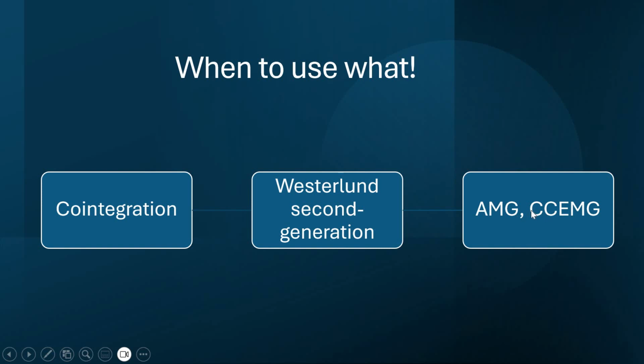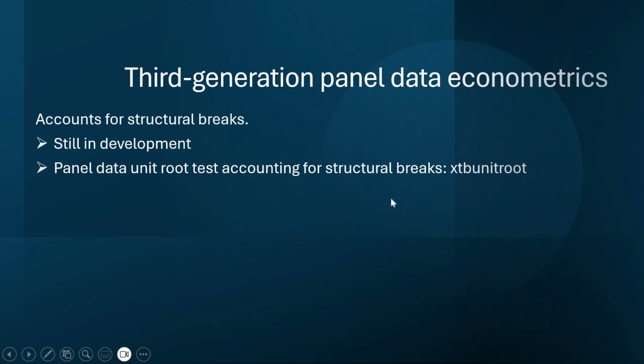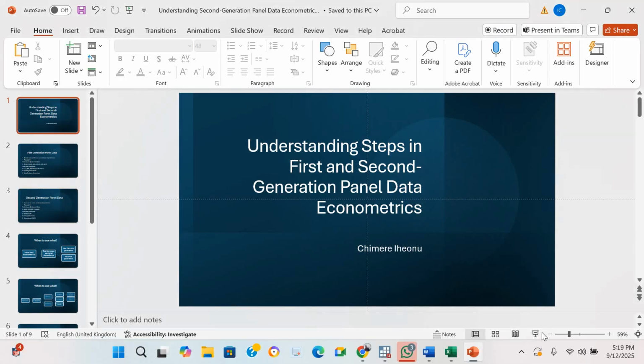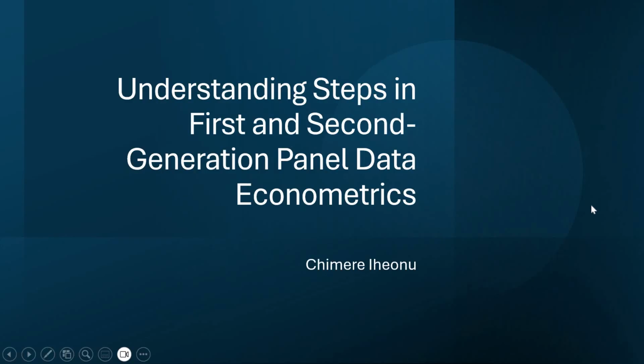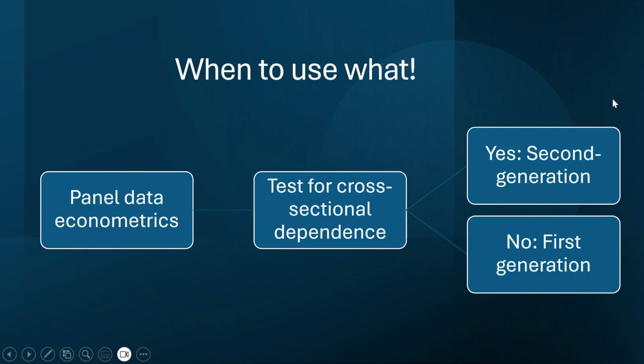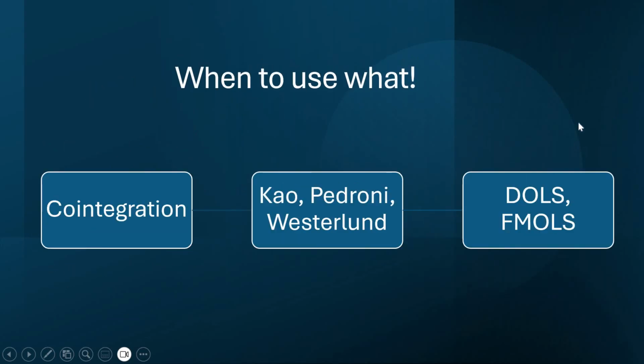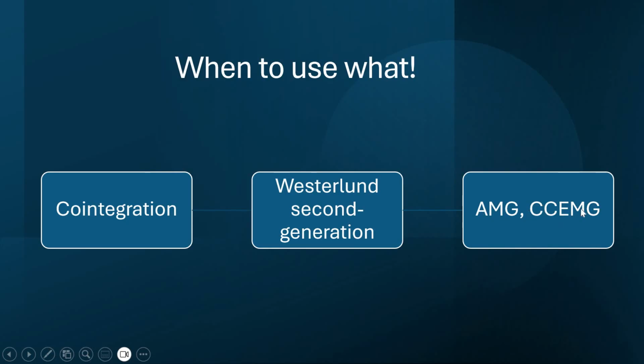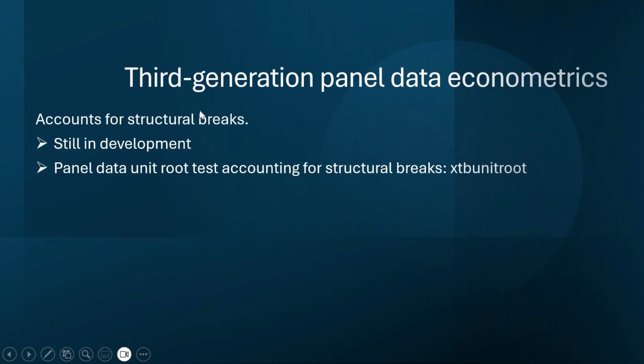And the CCEMG, if I can remember correctly, also accounts for endogeneity, which the augmented mean group does not account for.